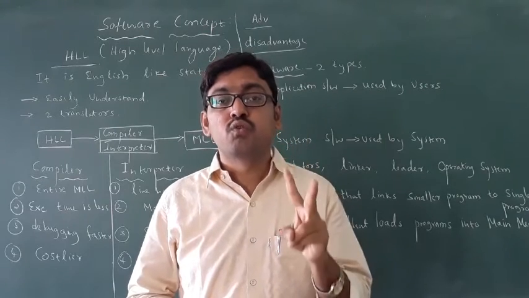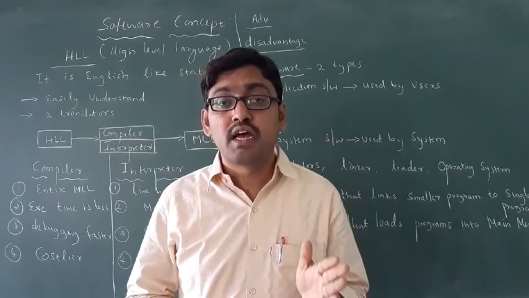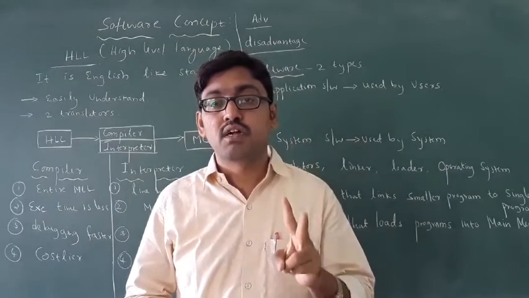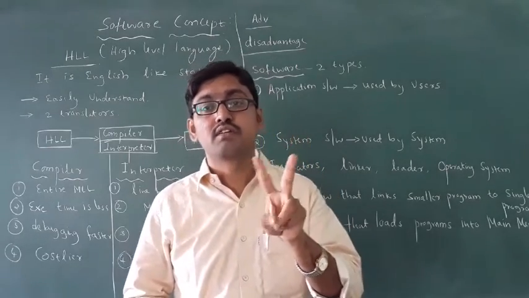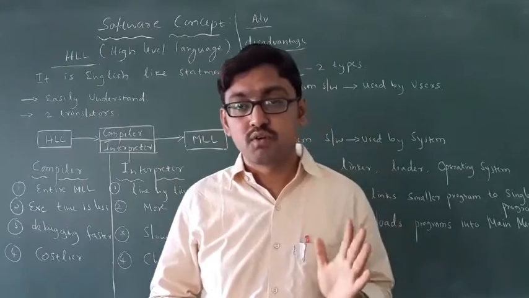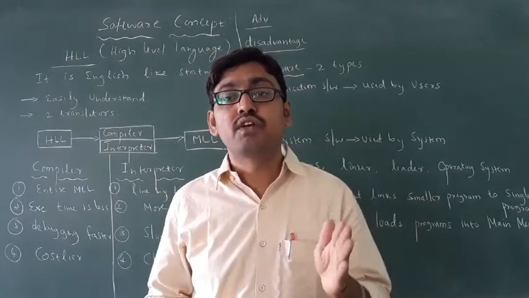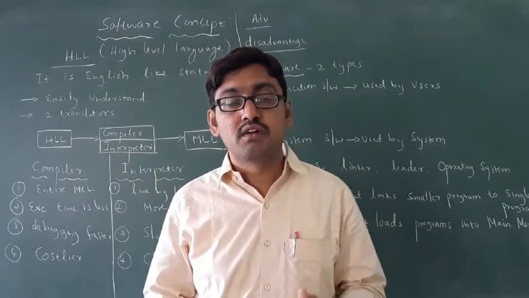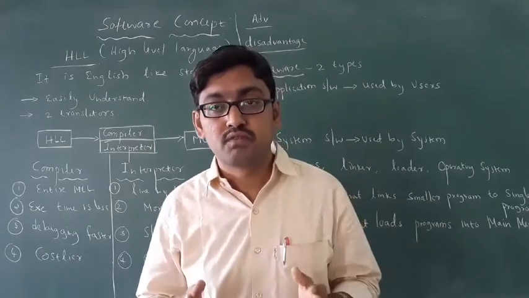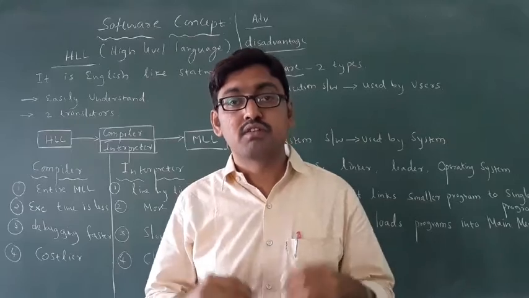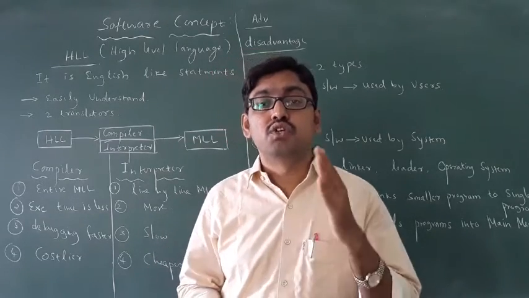That's why it knows only machine level language, which consists of only two words, 0 and 1. But machine level language is difficult for programmers to write because all the instructions are in 0 and 1.